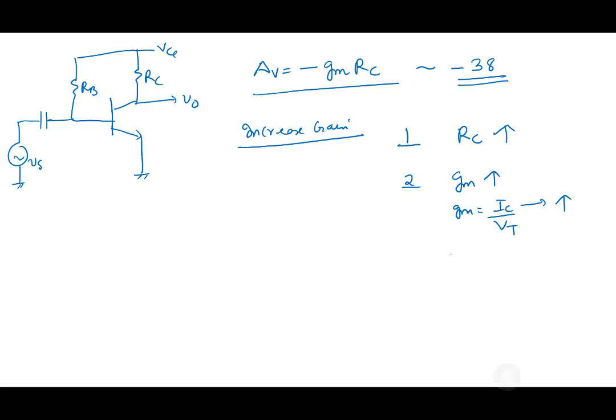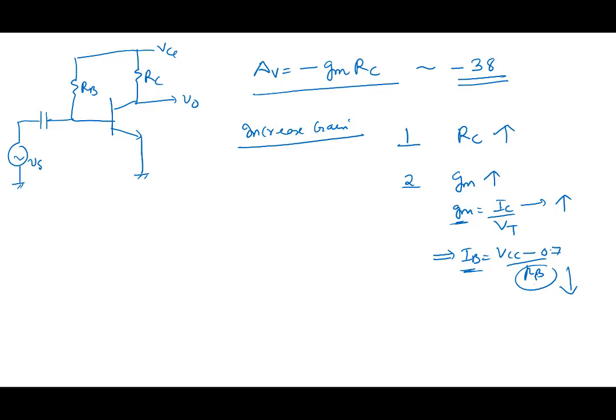Okay, so this implies, you're right, IB is VCC minus 0.7 by RB. So what I need to do is, for example, reduce RB. If I reduce RB, it will increase IB, it will cause IC to increase, will increase GM, and then the gain will increase. Correct? These are the two ways in which you could go about, for example, changing the gain.